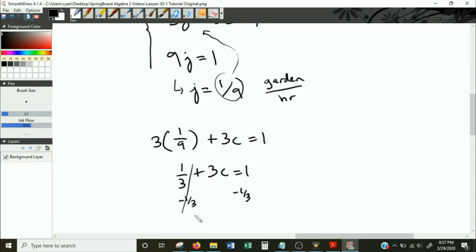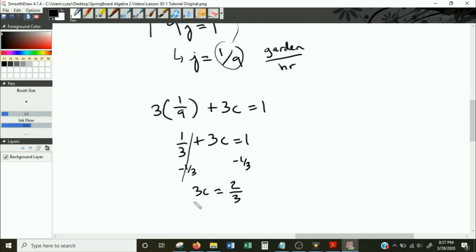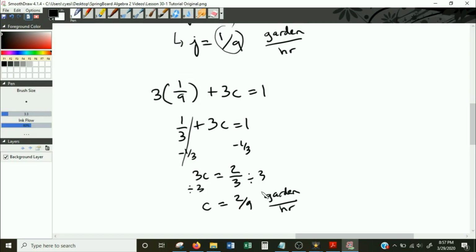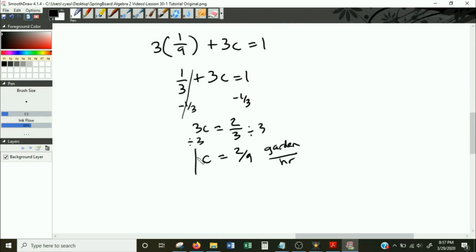This cancels out. I get 3C equals 2/3. I divide both sides by 3. And I get C equals 2/9. So Christine plants 2/9 of a garden per hour, while Jessica plants 1/9 garden per hour. So C is going to be 2/9 of a garden per hour.